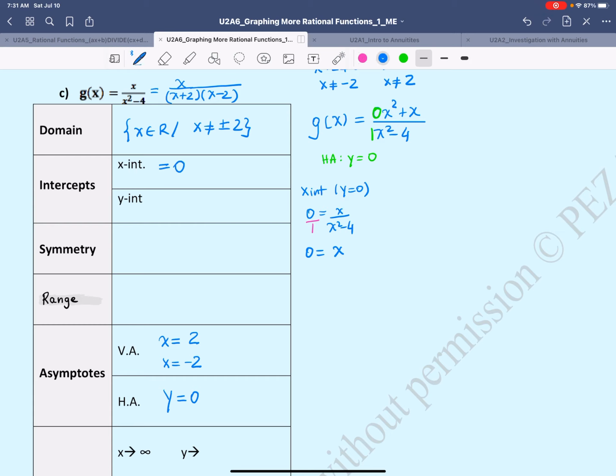Now, for the y-intercept, we make x equal to 0. And another thing that I want us to observe in here and emphasize is that when x-intercept is at 0, that's where y is 0 as well. So we end up with the y-intercept also equal to 0. And if you want to evaluate it, fine, that's the same thing.